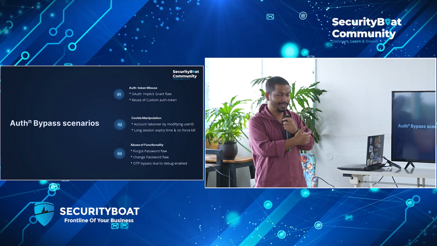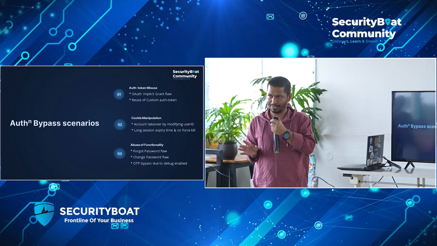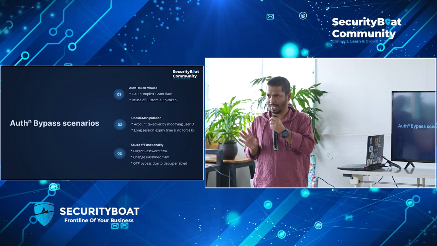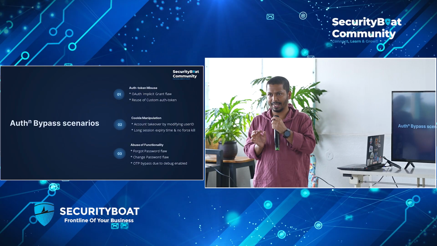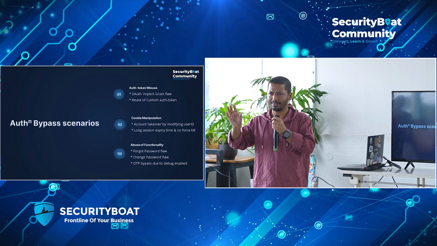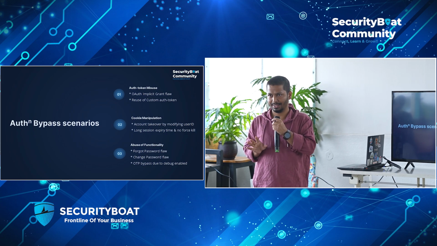But what we are trying to see is auth bypass scenarios, right? Authentication bypass scenario. Suppose you log into any application, the target application. The application generates session identifiers and cookies. In the cookie you see a username or user ID or some random values assigned.